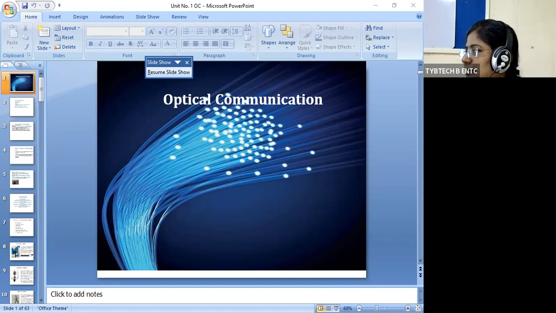Suppose glass. Or first tell me, what is the refractive index of air? Refractive index is there for any medium, let it be solid, vacuum, or liquid. Can you tell me what is the refractive index of air?